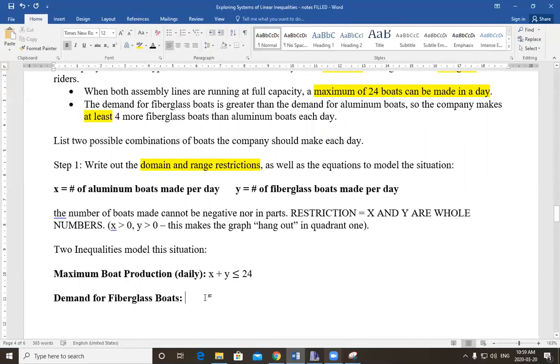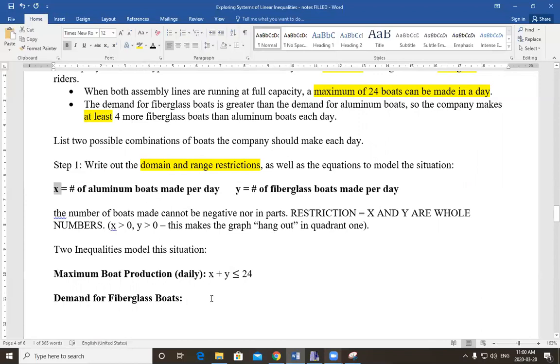Demand for fiberglass boats is greater than the demand for aluminum boats, so the company makes at least 4 more fiberglass boats than aluminum boats each day. So for example, if you make 1 aluminum boat, you must make 1 plus 4, which would be 5 fiberglass boats. So how do we build this inequality? That at least means there must be at least 4 more fiberglass boats than aluminum boats.